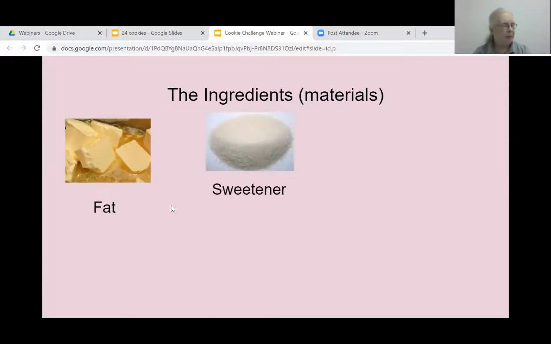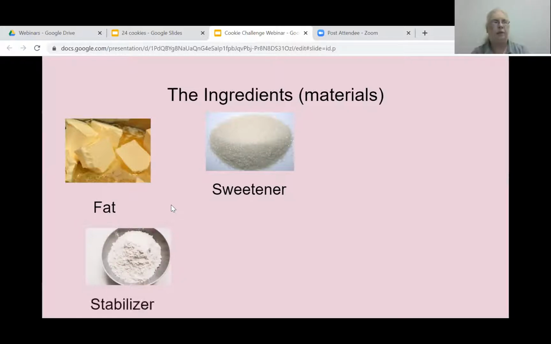We will need a sweetener. I think Miss Lauren mentioned brown sugar and sugar. This will cause the cookie to spread. If we use white sugar, we'll have a crispier cookie. If we have brown, we have a chewier cookie. Maybe that gives me some ideas already of what I'm doing when I'm baking these cookies.